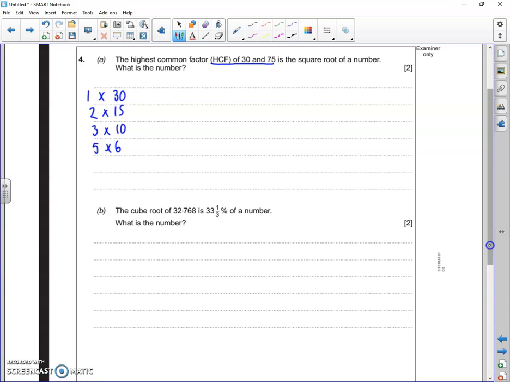They're all your factors of 30. For 75, we've got 1 times 75, 2 doesn't work because it's odd, 3 times 25, 5 times 15, 6, 7, 8, 9, 10, none of those numbers work. So that's all of the factors. The highest common factor is 15.